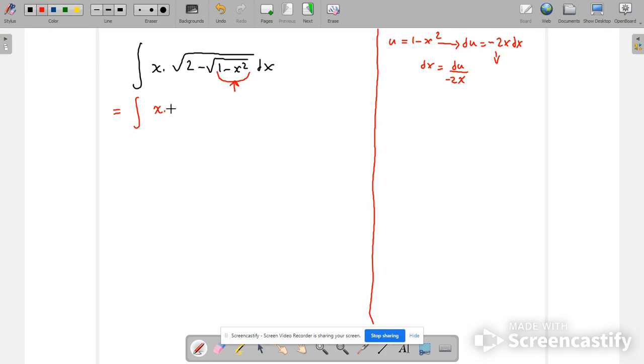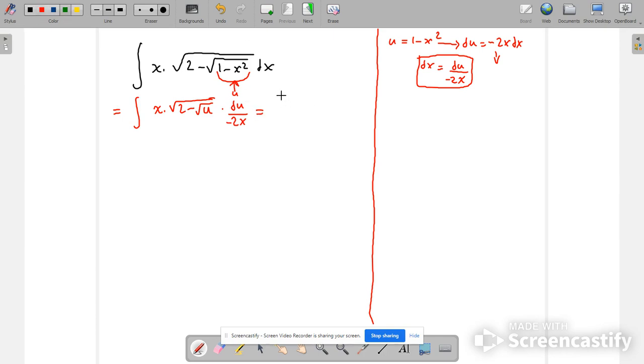So x times square root of 2 minus square root of u, because we call this u, right? We plug it here, and we know that dx is du over minus 2x.